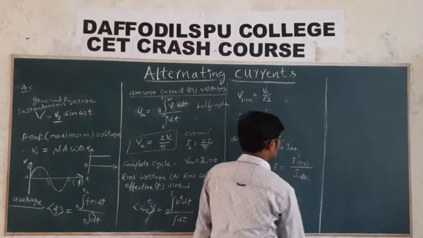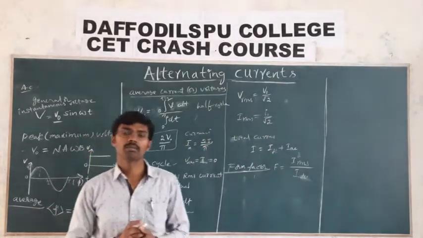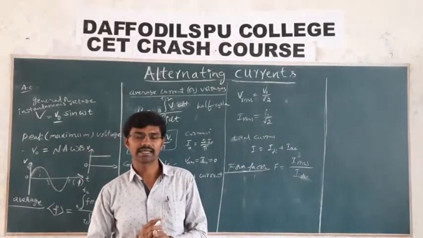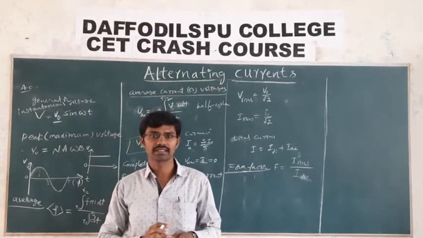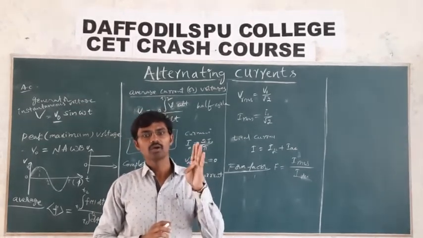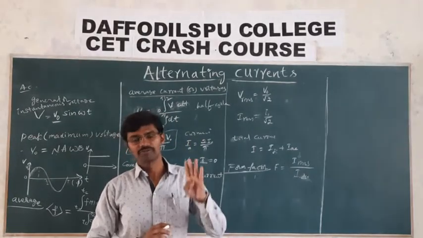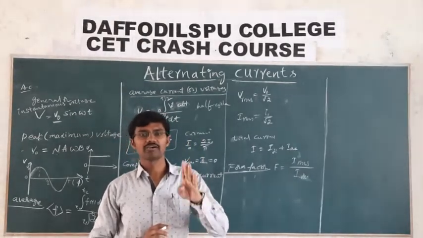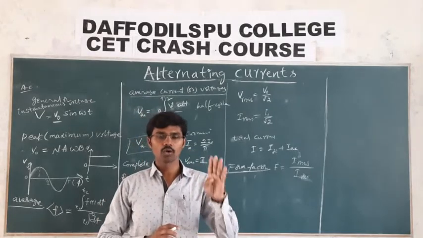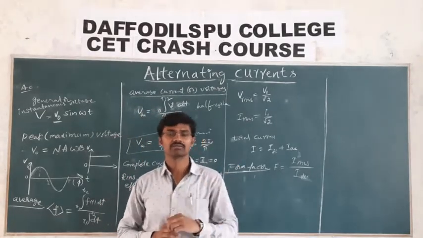Now we need to discuss some points regarding alternating currents. What do you mean by the phasor diagram and phase diagram? Phasor diagram represents the vector representation of voltages and currents.